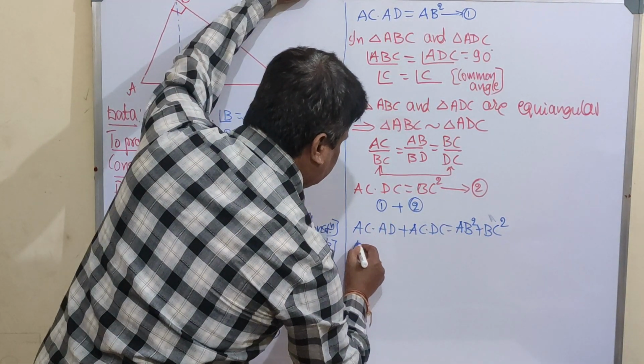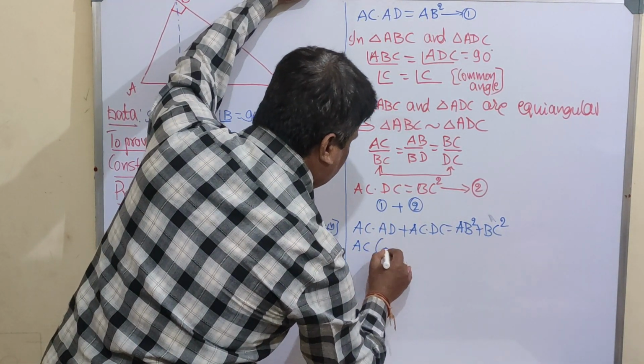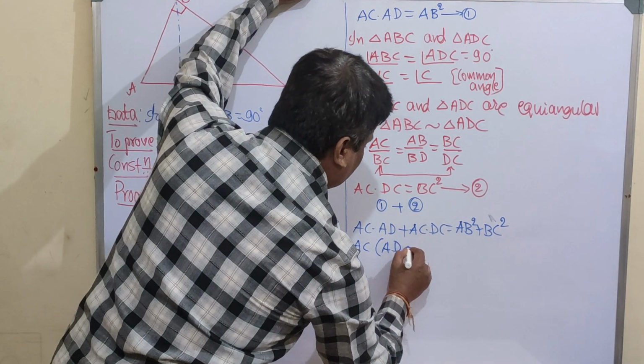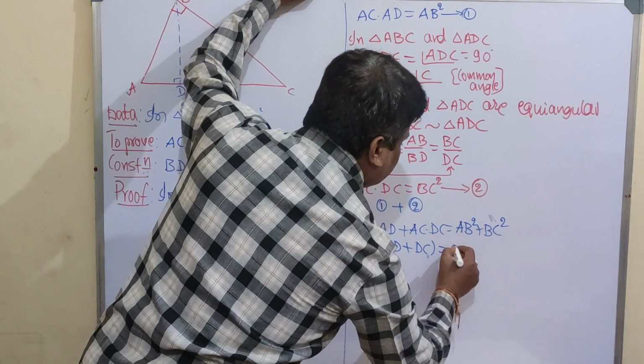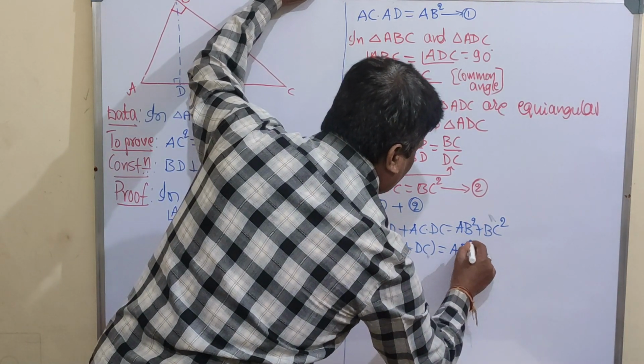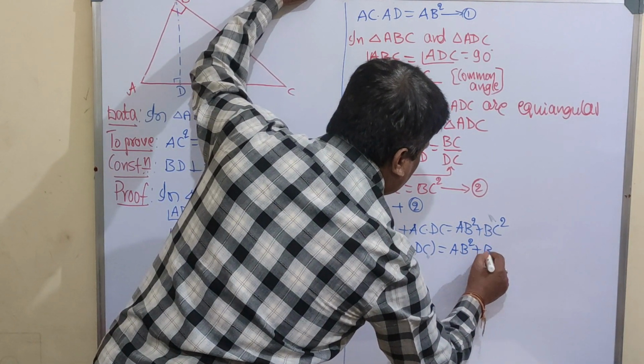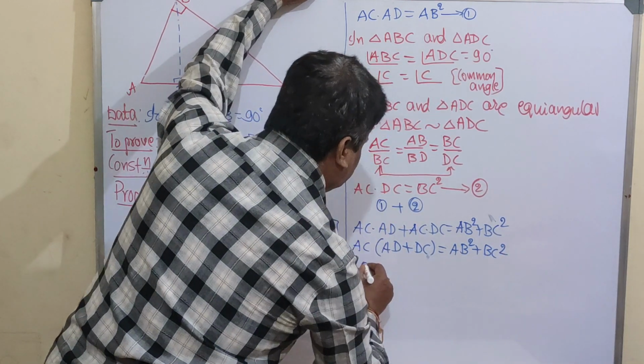Here we can take AC as common, then we will get AC into AD plus DC, equal to AB square plus BC square.